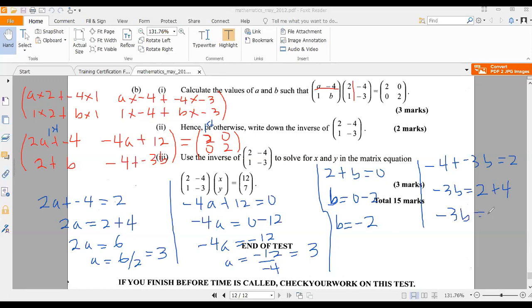Then you divide 6 by negative 3, so B is equal to 6 divided by negative 3, which gives negative 2. So we get back the same result.